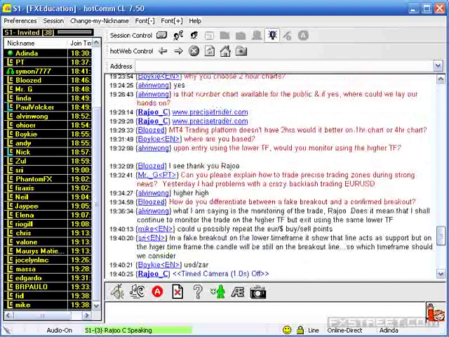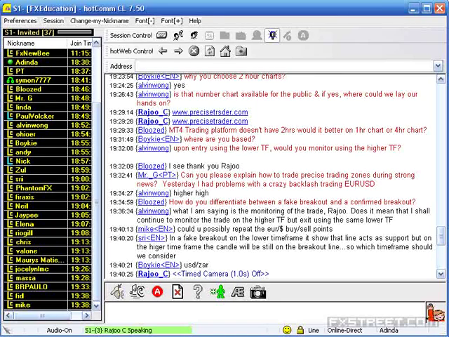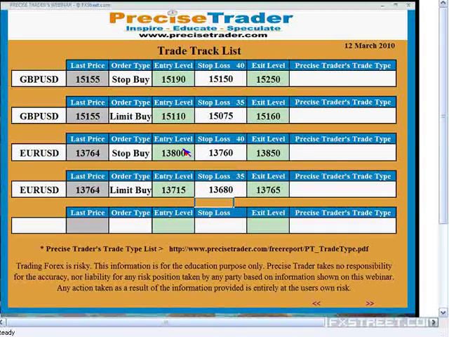Coming back to your question, when you know that the higher time frame is approaching a barrier or resistance, you should know that the lower time frame turns first, but the higher time frame controls the trend.